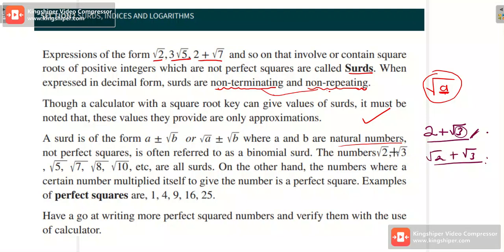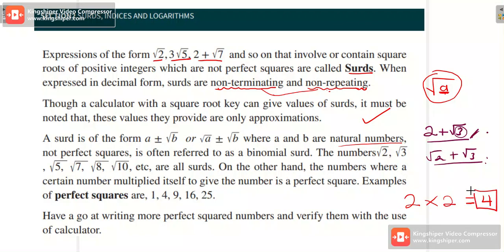The numbers root of 2, root of 3, root of 5, root of 7, and so on are all surds. On the other hand, the numbers where a certain number multiplied by itself gives the number are perfect squares. Examples of perfect squares are 1, 4, 9, 16, 25. So whenever you take a number and multiply it by itself, the result is always a perfect square.